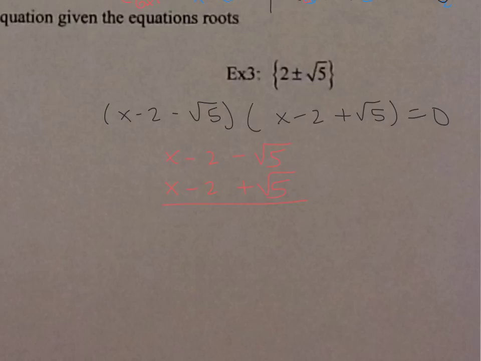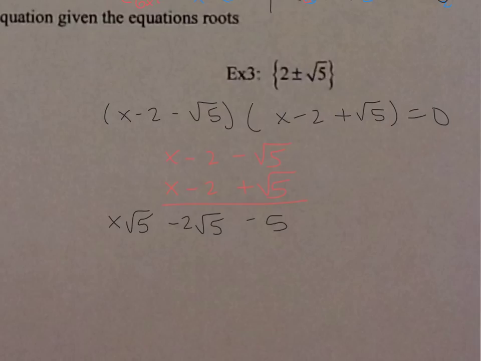And that is going to give me negative the square root of 25. But the square root of 25 is equal to 5. So I'm going to change that to just a negative 5 there. And then I'm going to multiply positive the square root of 5 times negative 2 is negative 2 the square root of 5. And then the square root of 5 times x is x the square root of 5.